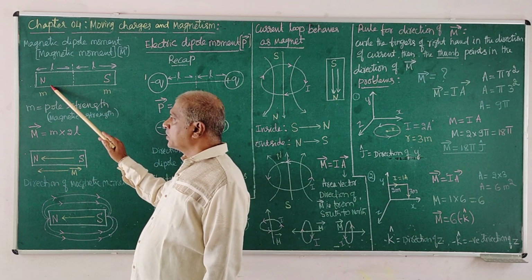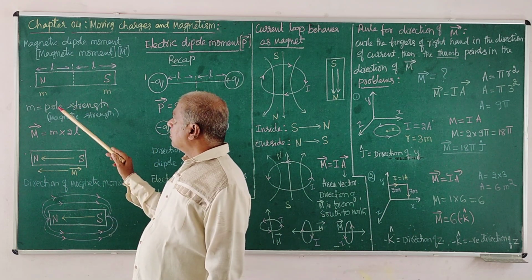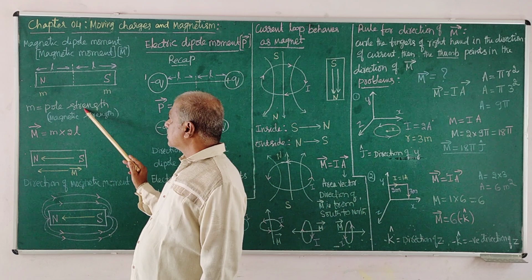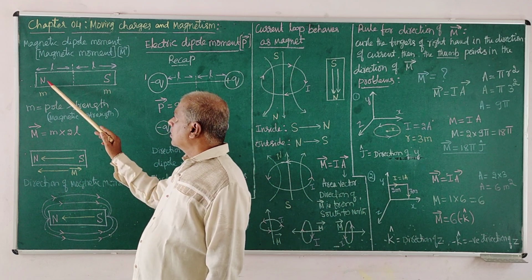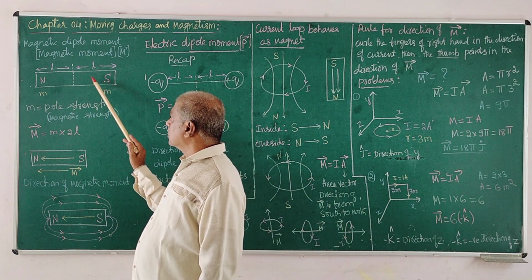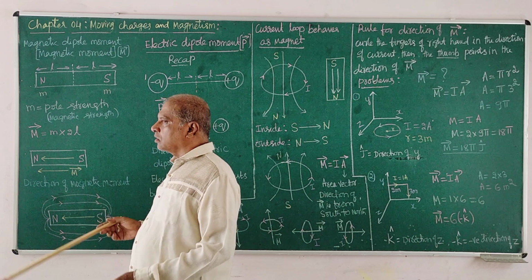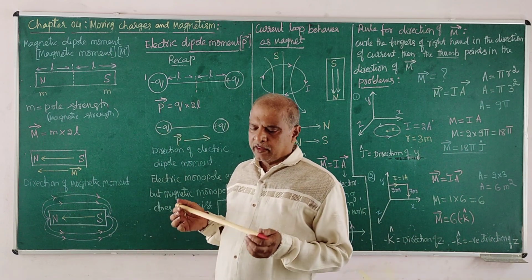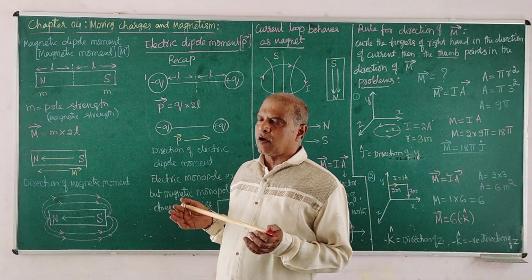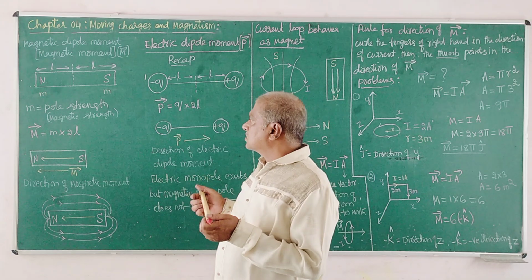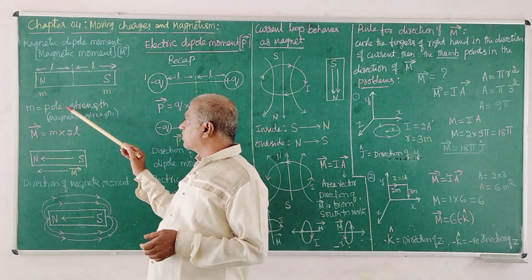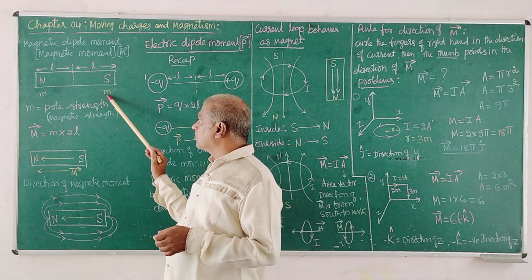Equal in magnitude means same pole strength. They are equal in the strength of the pole. It is the magnetic pole strength, given by the symbol M.